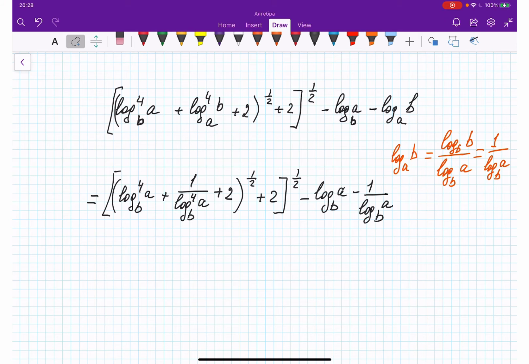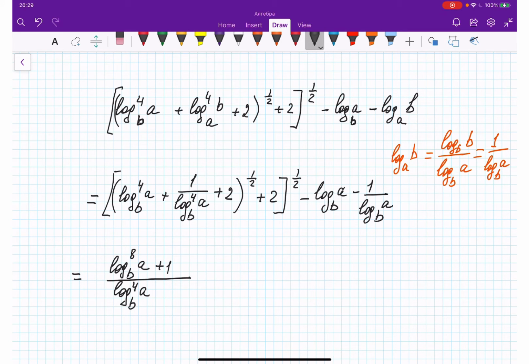All right, so what do we get from here? Power 1/2 means square root, right? So I'm going to bring this parenthesis to a common denominator. That's going to be logarithm a by base b to power 4, and I will have logarithm a by base b to power 8, right?